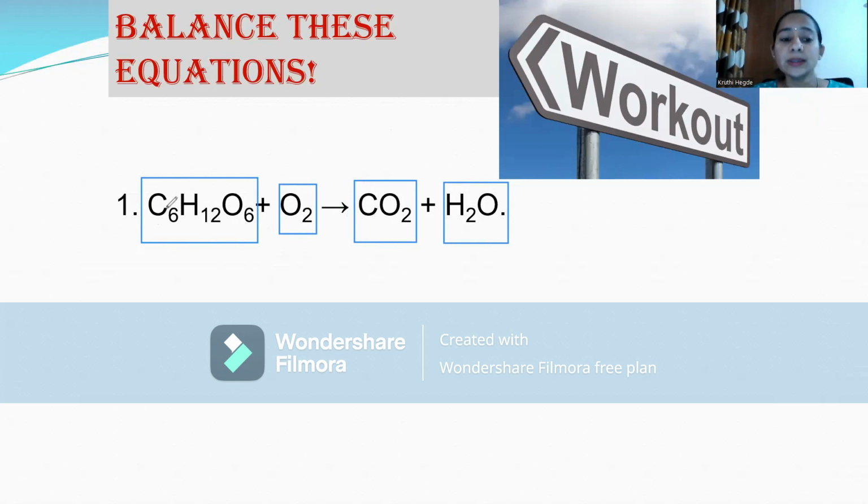Here 6 carbon is there on the reactant side. On the product side, only 1 is there. So I'll write 6 here.